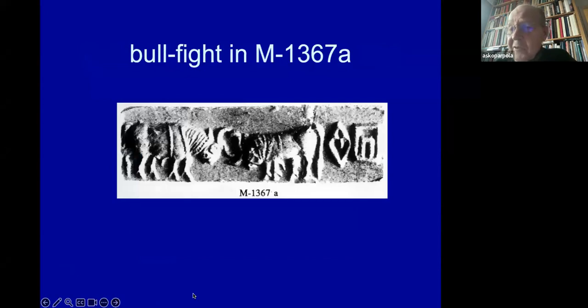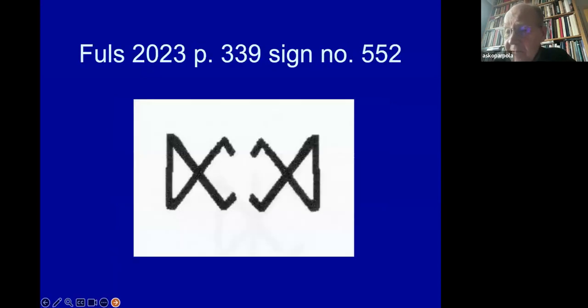This sign combination calls to my mind the iconographic representation of bullfight in the tablet from Mohenjo-Daro, 1367. The opposing front parts of the signs could depict horns.